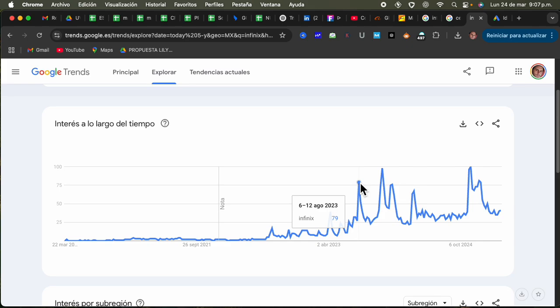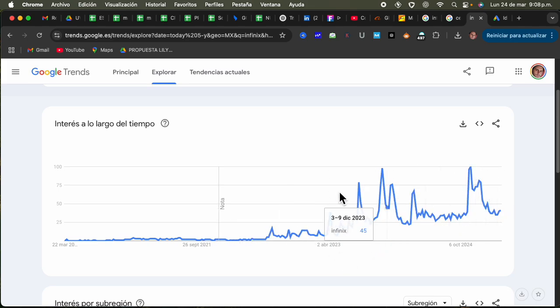So in August 2023 they had more interest, and they have a lot of interest around November 2023, and it went a little bit down, and then again up. This is the highest level of interest in November.